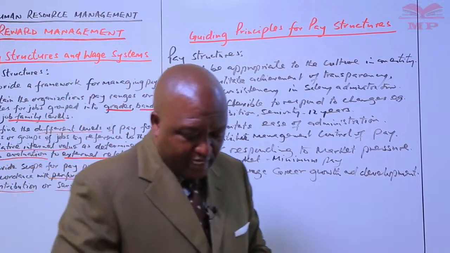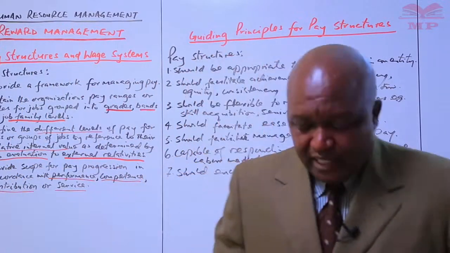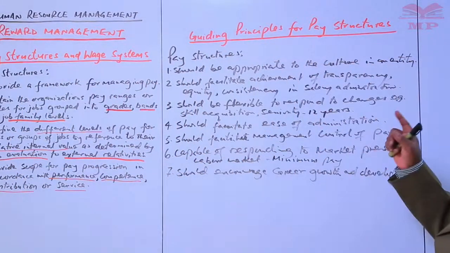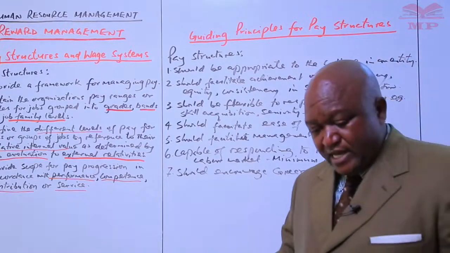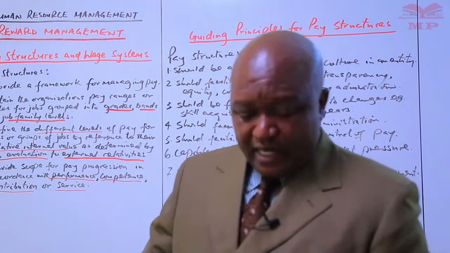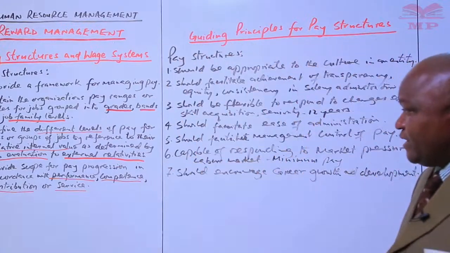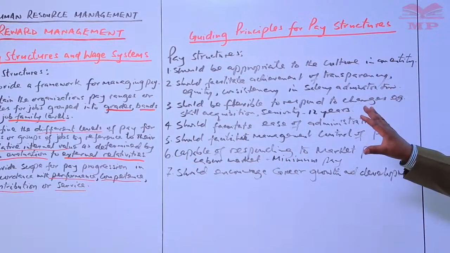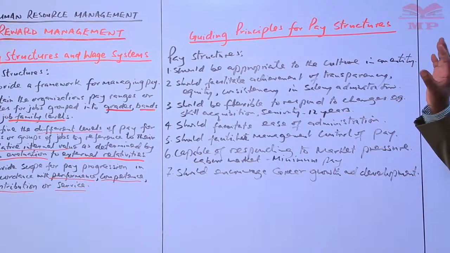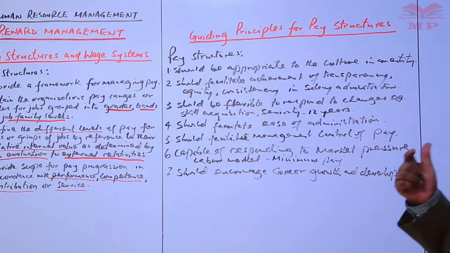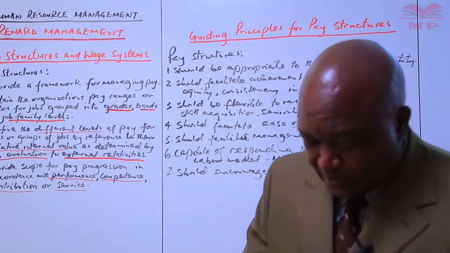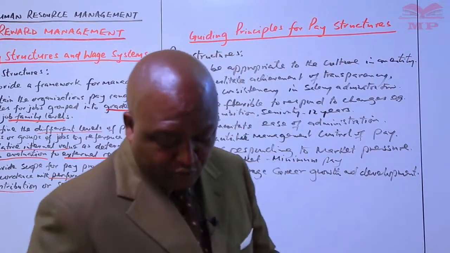So these, dear learner, are some of the guiding principles that should be taken into consideration when designing pay structures within a given organizational setting. Then, once you have looked into these guiding principles, it is important to note that there are different types of pay structures that organizations may make use of.